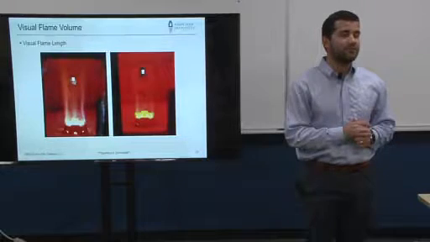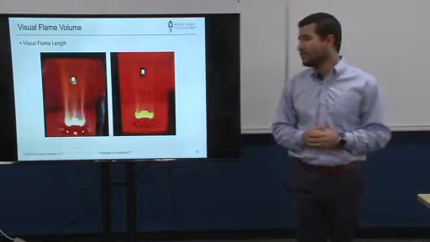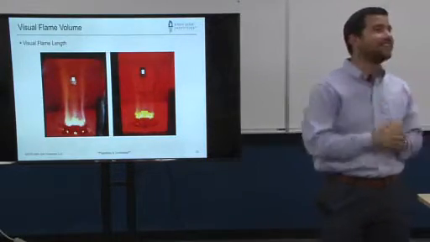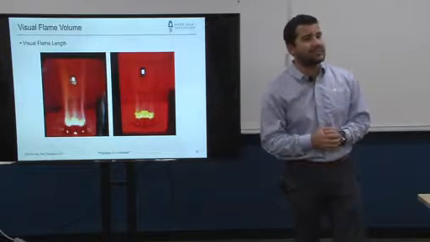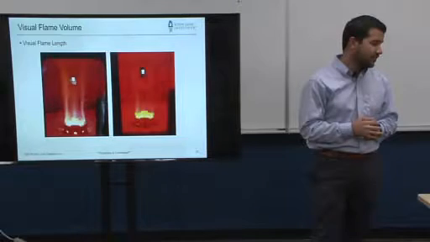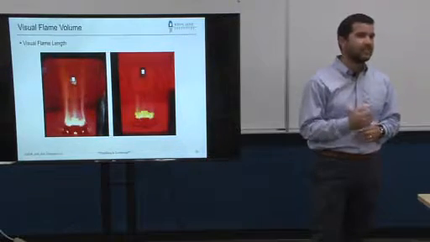So the visual approximation is really not the best way to do it. It is simple though. You just show up, you look at the thing, and you're done. That's the measurement. And it works for a lot of people, but it's not necessarily scientific, if you will.